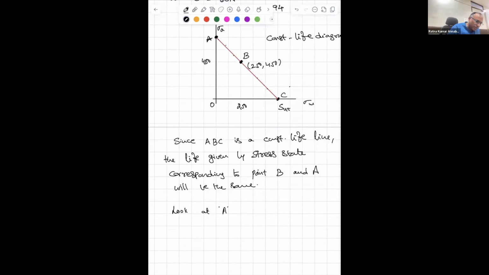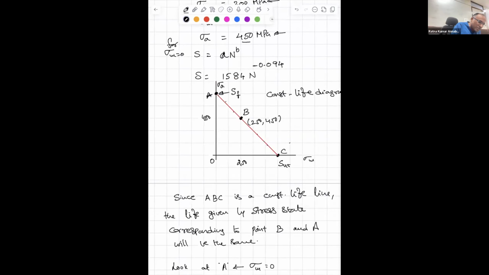Now let us look at point A. What is the scenario here? This corresponds to sigma m equal to 0. Mean stress is 0, isn't it? Let us call this SF, but we don't know what SF is. But we know that at zero mean stress, this material is governed by this law, given by that trend.